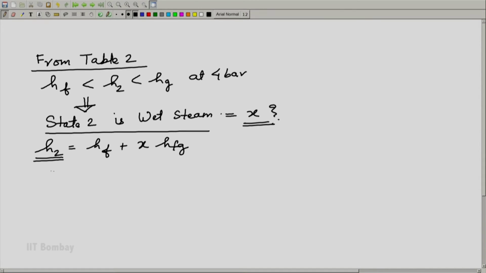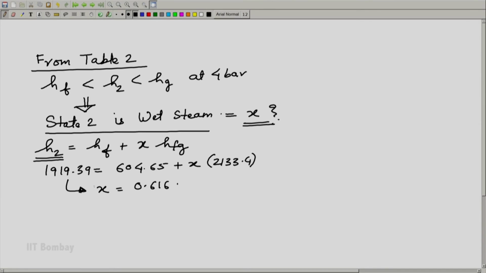I know the value of H2, which is 1919.39, is equal to HF, which we know is 604.65, plus x times 2133.4. From here we can calculate the value of x to be equal to 0.616.